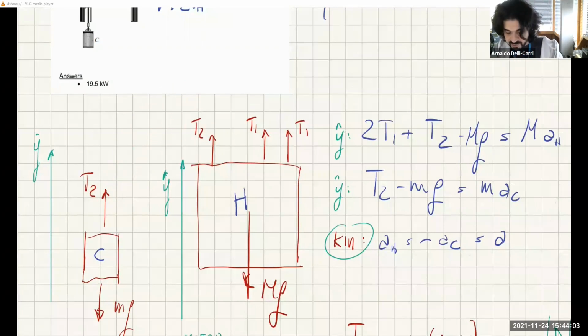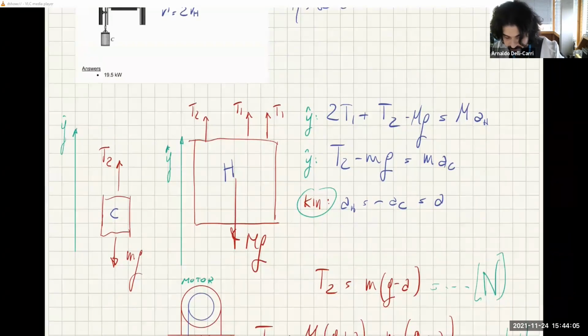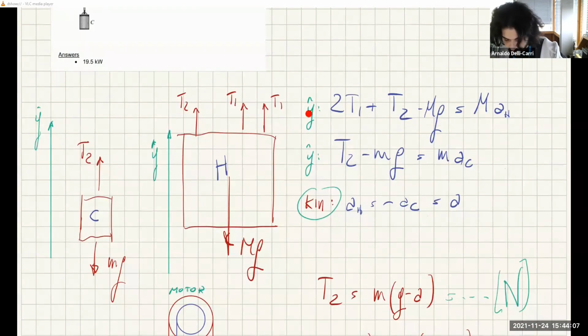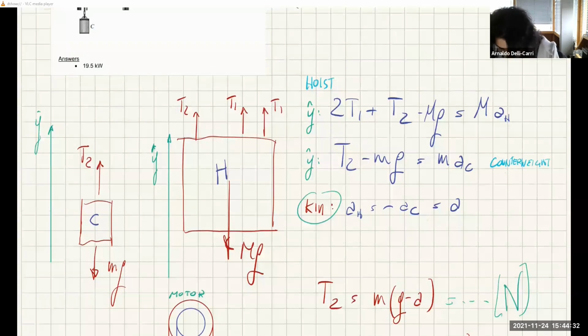So if I use the equations of motion, for the hoist, I have 2T1 plus T2 minus mg equals the mass of the hoist times the acceleration of the hoist, which is given.